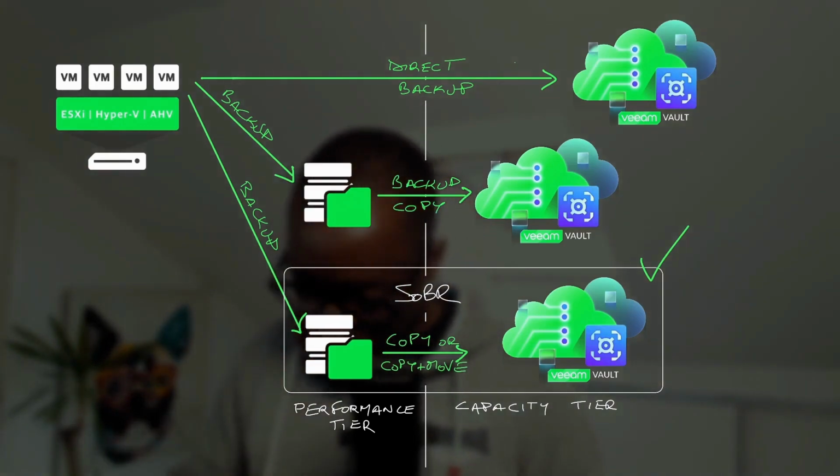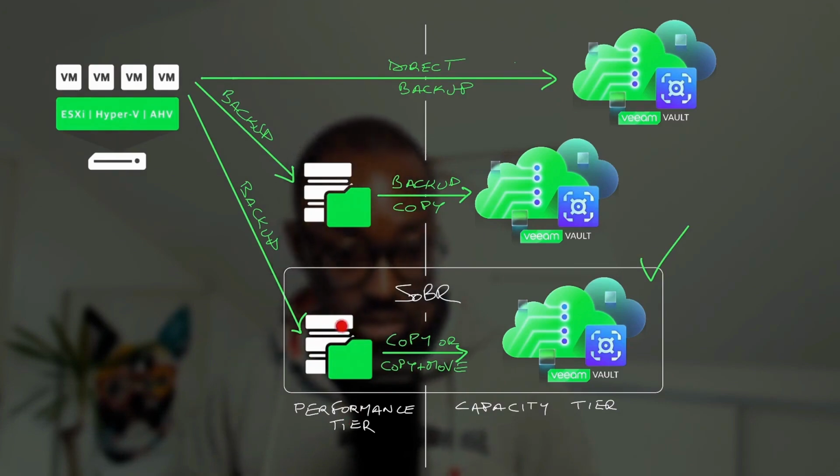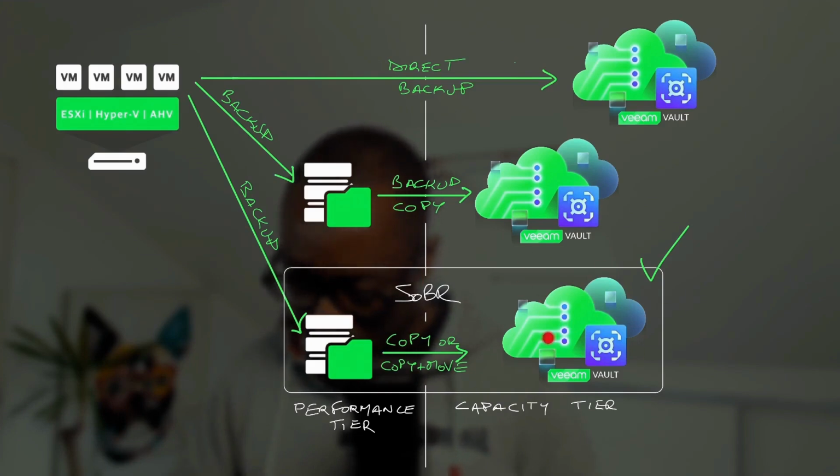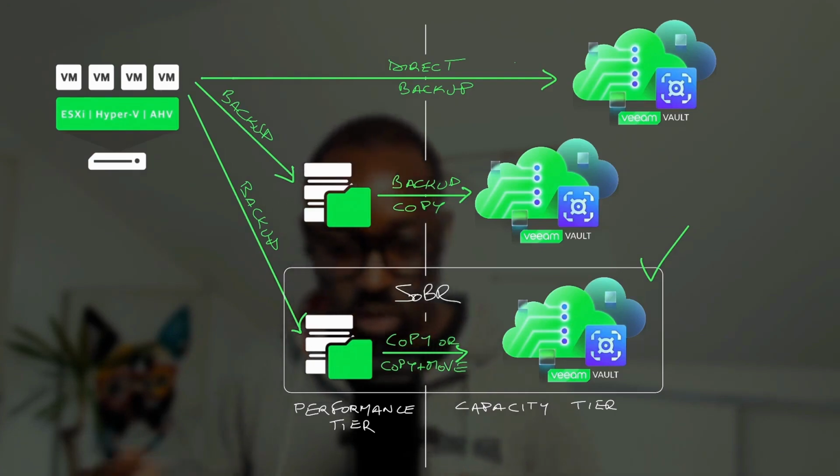The principle here is to create a scale-out backup repository. In it, you integrate the normal local disk repository into the performance tier, which will host the local copy. And then you integrate the Vault into the scale-out backup repository. And at the SOBR level, you configure a rule called copy or copy and move, which will automatically copy the data to the Vault or automatically move the data to the Vault so that you always have both backup copies in a very simple way.